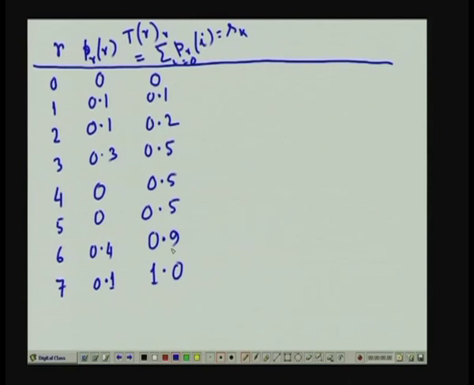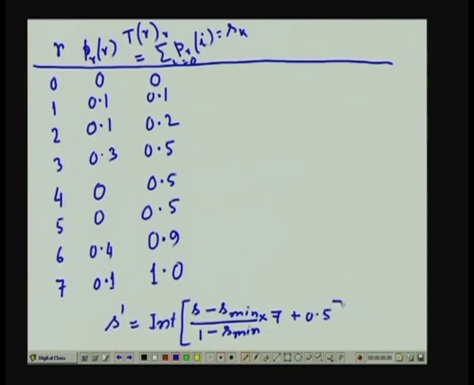For that, we use the same mapping function, as we have said, that s' equal to integer of (s minus s_min) divided by (1 minus s_min), times L minus 1, which equals 7, plus 0.5. So, doing this calculation and taking the nearest integer value, whatever we get will be my reconstructed intensity level.